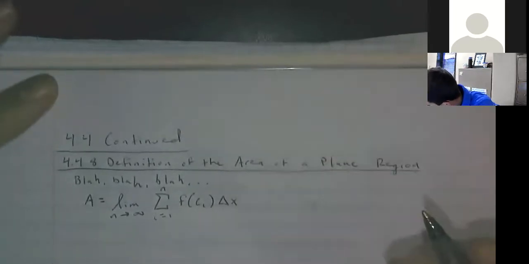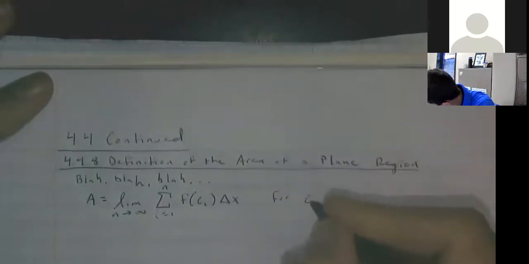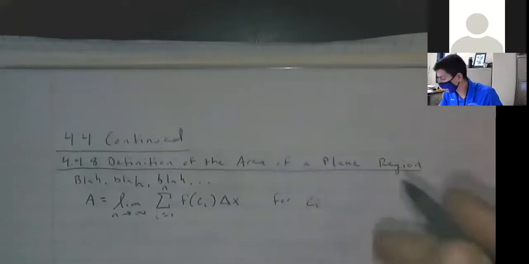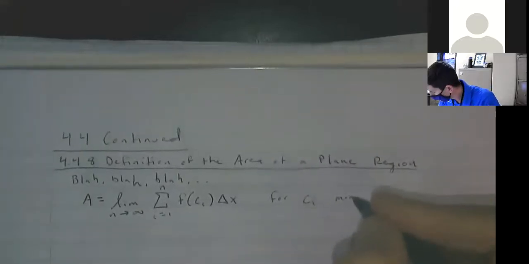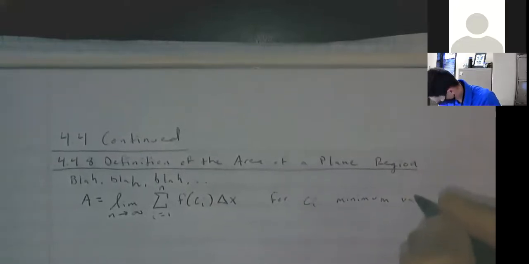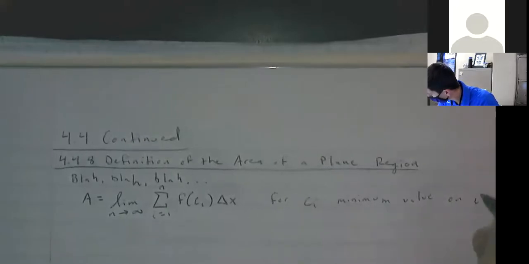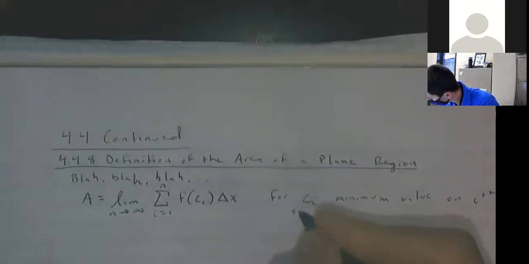And there's two ways we can do this. We're going to write it twice. So this one's for c sub i being the minimum value on the ith subinterval.